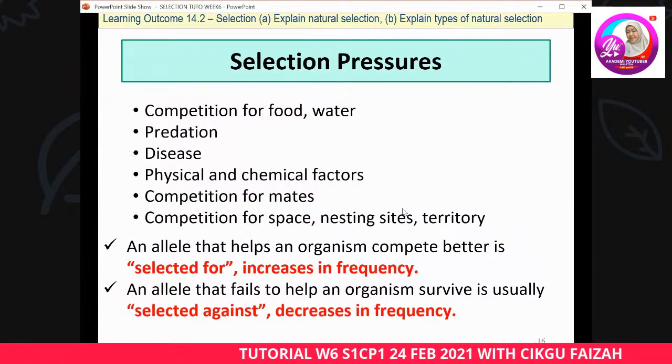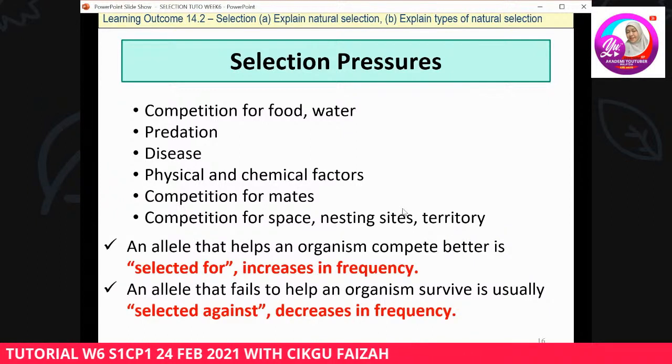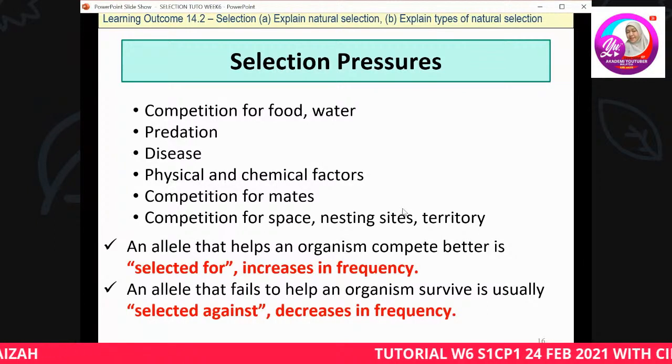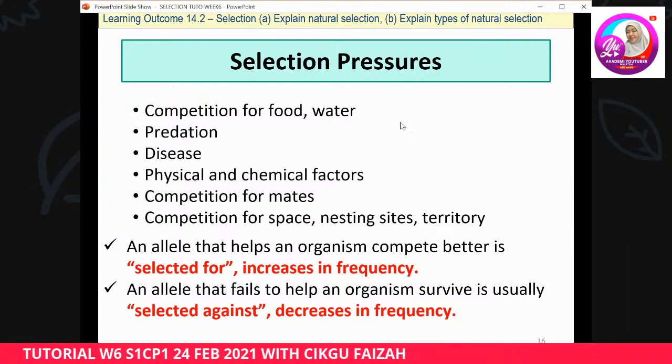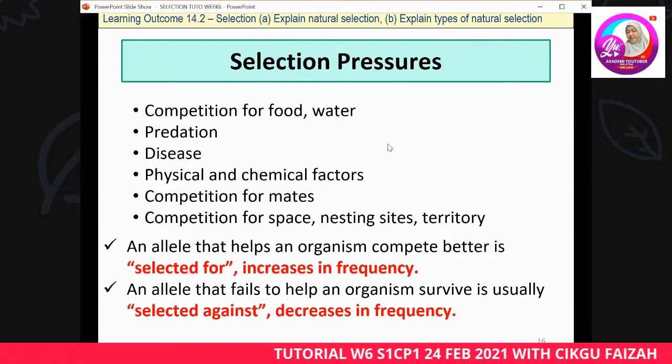Okay, so this is the list yang very important that teacher would like you to jot down. Maybe in our notes tak ada dalam tu. So please take these notes, class. These are the selection pressures that cause the natural selection, which in the graph will be shown by the arrow. So what are the selection pressures?